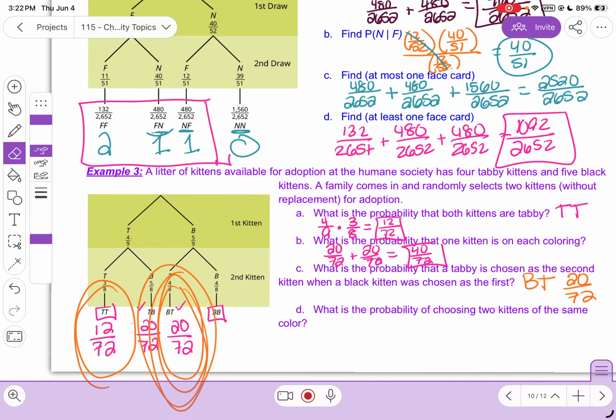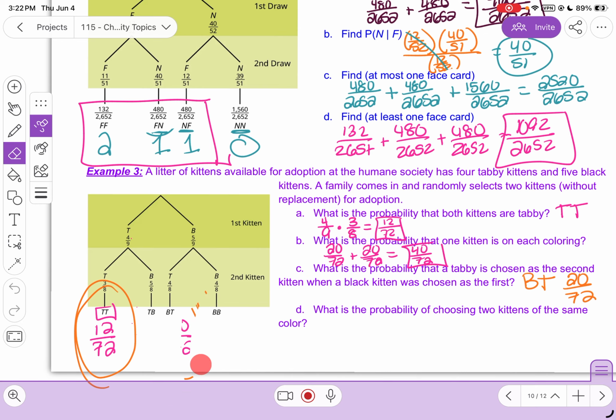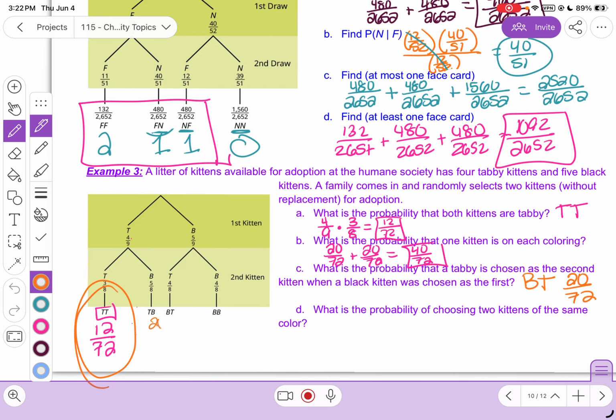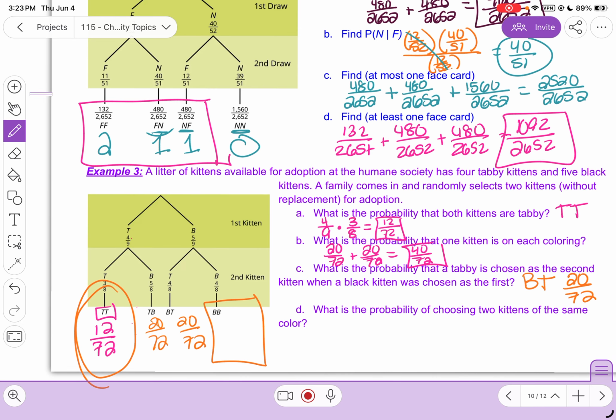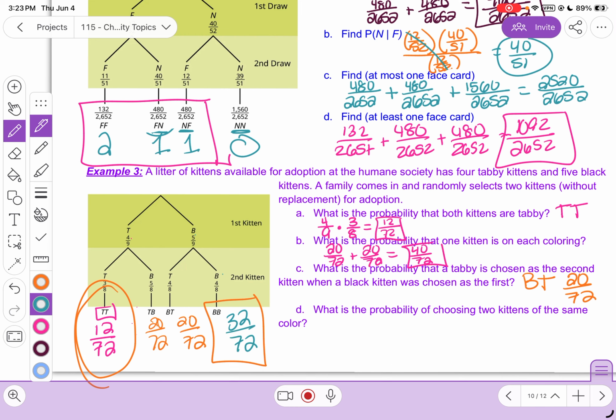And then what is the probability of choosing 2 kittens of the same color? So that's tabby, tabby, or black, black. And so black, black is 5 times 4, which is 20, not 32.